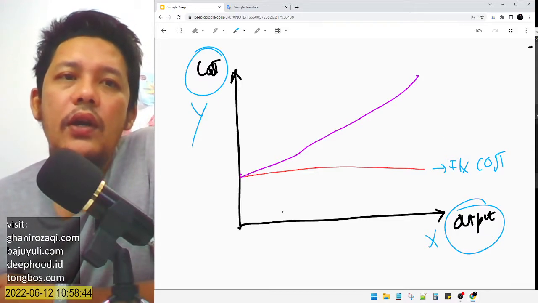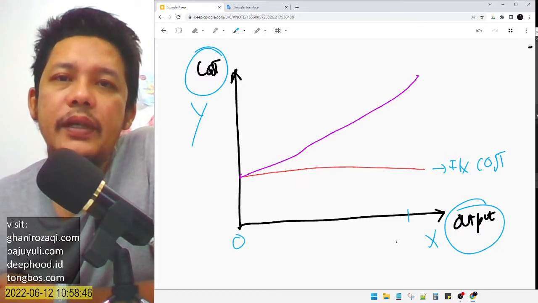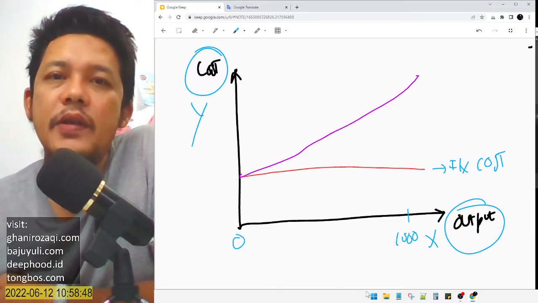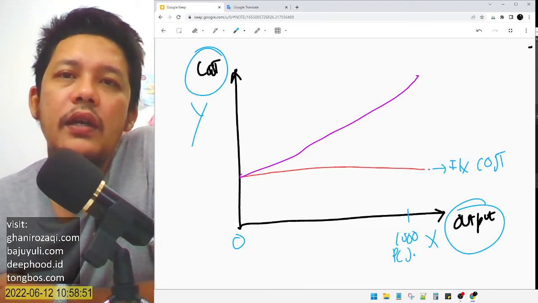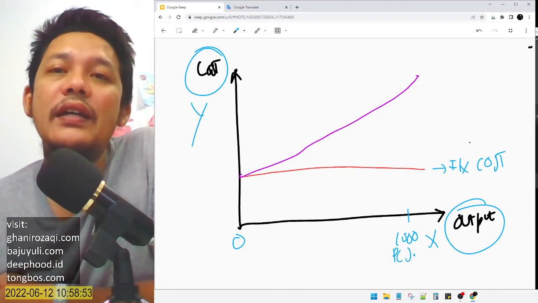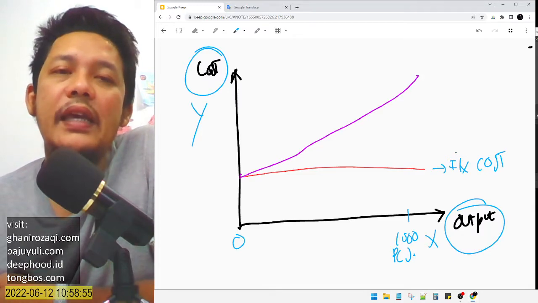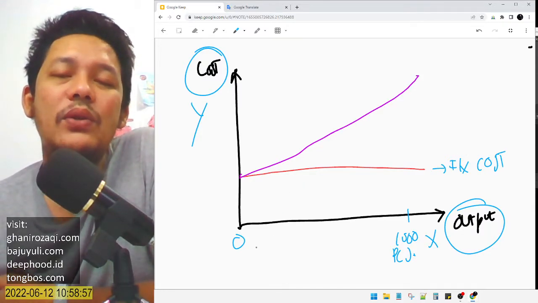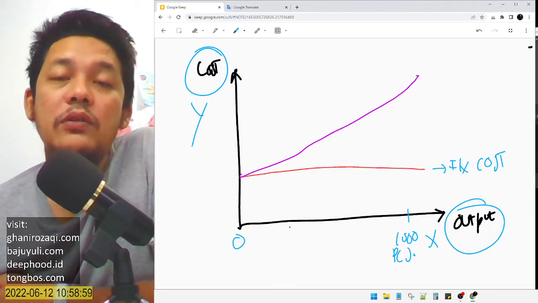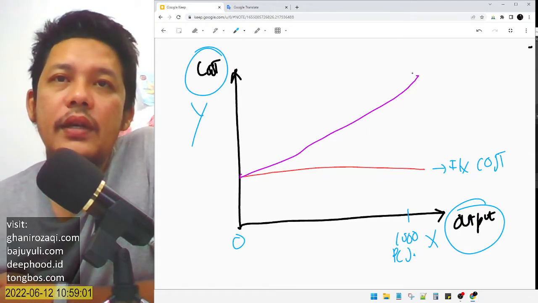Along the way from zero to, for example, 1,000 pieces of output, the cost is relatively the same as at zero output. And then the purple one is the variable cost.